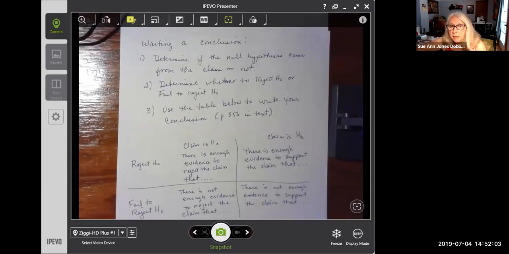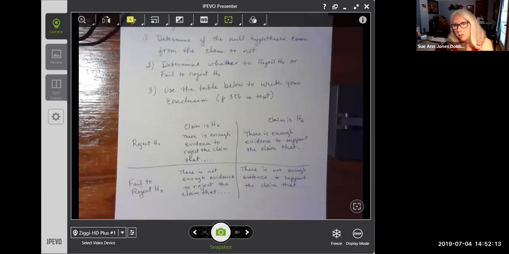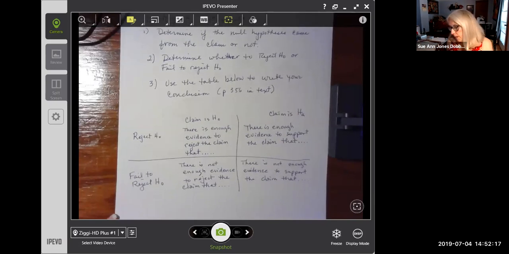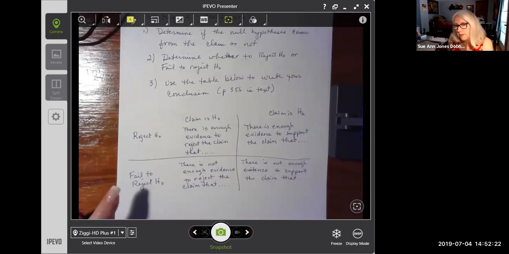And then you determine whether or not you rejected the null or you failed to reject the null. And then you use this table, which I took directly from page 356 in your text. And you're not going to have to memorize this on your test. I will send them a copy of this. But you do have to know how to use it.